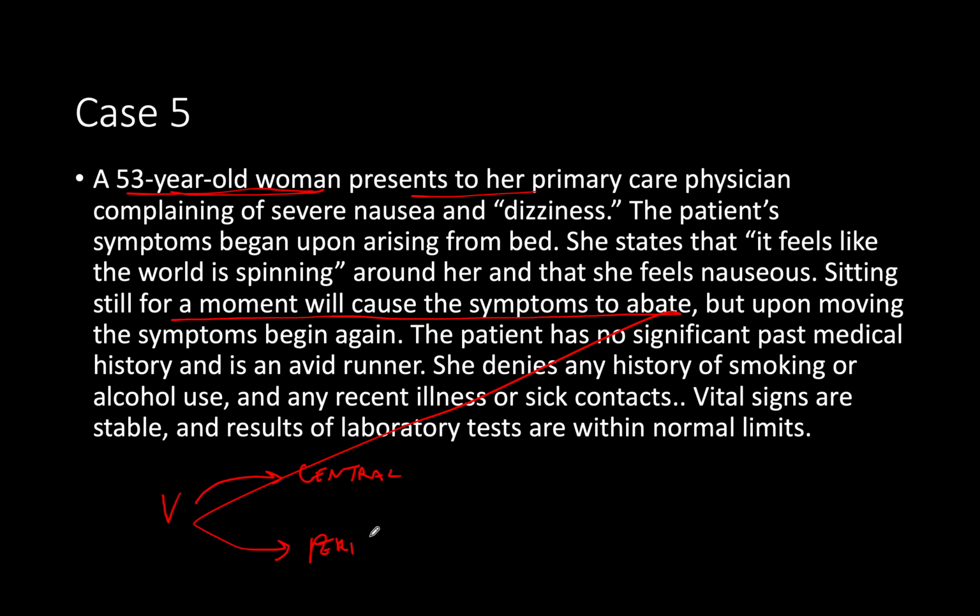As the nerve is leaving through the internal auditory canal, if you have some sort of schwannoma there, right? Our patients with neurofibromatosis type 2 end up developing schwannomas right there as the nerve comes out. That could lead to a peripheral vertigo, okay? And those are going to tend to be related to movement in general.